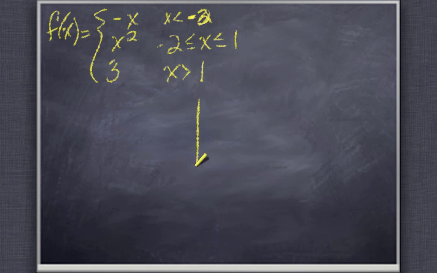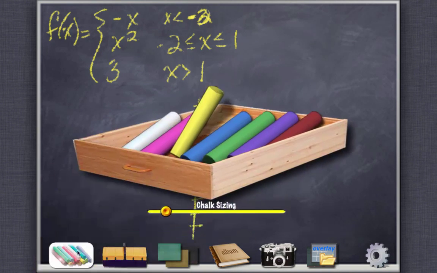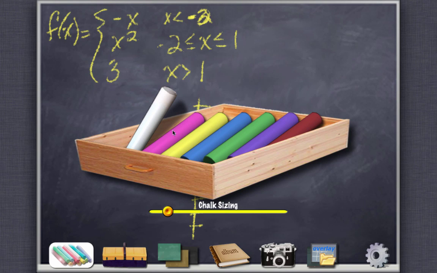Okay, so I'm going to graph this. I have important points here at negative 2 and at 1, so I'm going to be sure and put those on there. Now I meant to color code each of those, so I'll just do it this way.